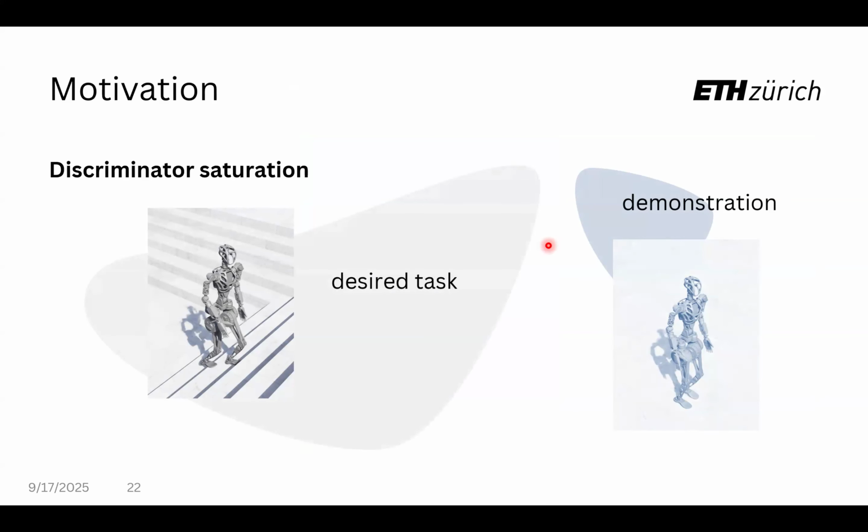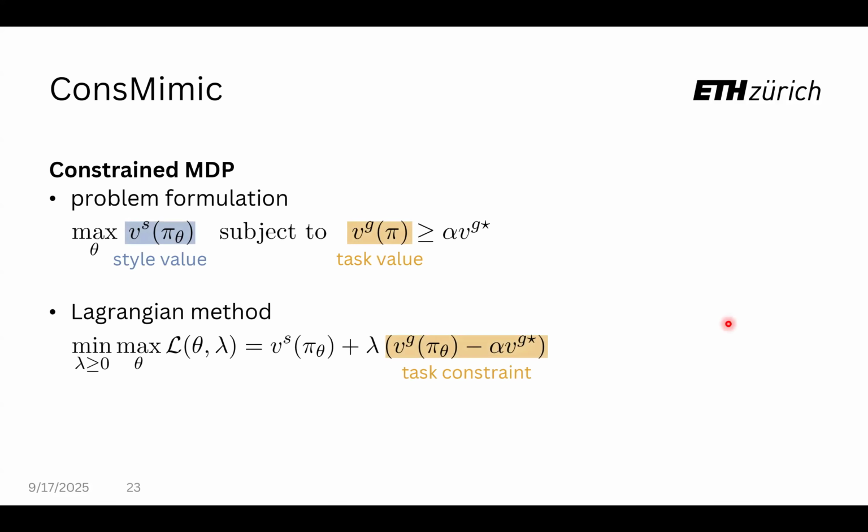The idea is very simple. For a desired task, we want to go upstairs, but in our demonstration we only have flat terrain walking. How can we learn that? We want to maximize the value function of the style only after our task condition is fulfilled.